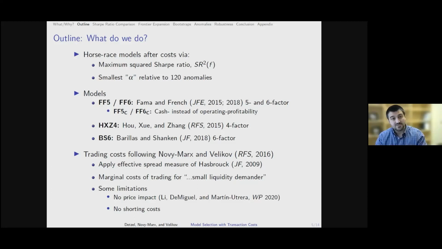So price impact is clearly important as well, but we abstract from it in this paper. We also don't look at shorting costs, but to the extent that one set of models that we look at is disproportionately affected by trading costs, we expect that the results will only be exacerbated if we account for shorting costs as well.